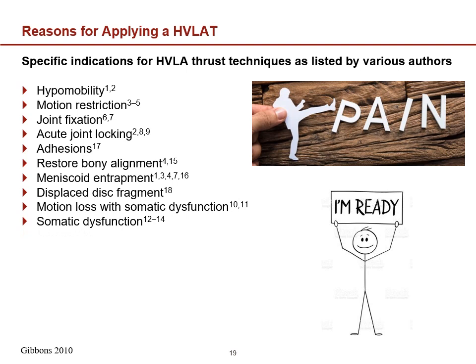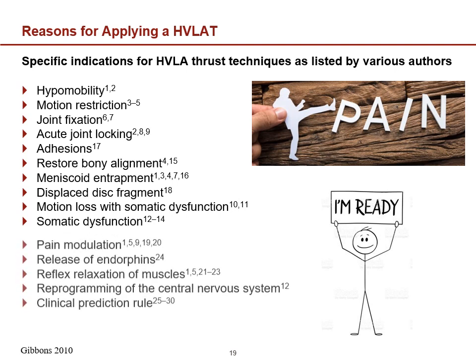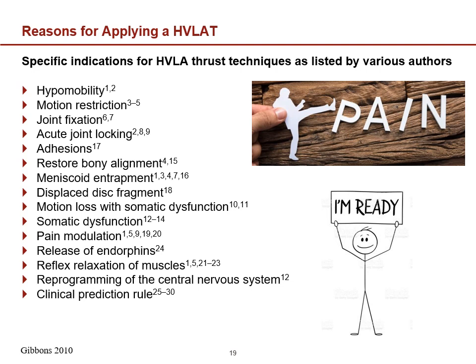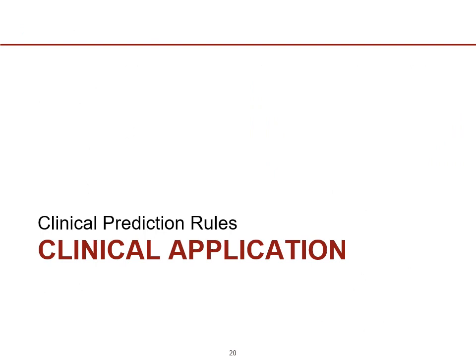We have motion loss with somatic dysfunction or just pure somatic dysfunction. Also looking to modulate pain, release endorphins, relax muscles, and even thinking about reprogramming the central nervous system. Again, we have our clinical prediction rules to help guide us as well. And so that takes us into the OCS testing, where we see that the clinical prediction rules pop up.